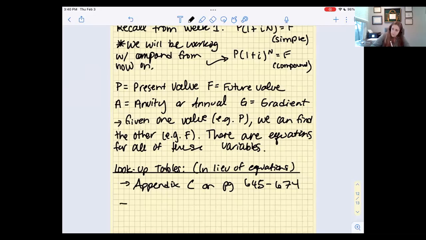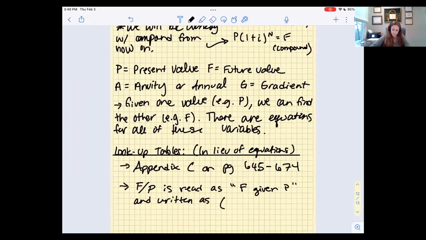So there's some notation here. Let's say I wrote F/P. What it means, it is read out loud as F given P, meaning I want F given that I already have P. And it's written as this.